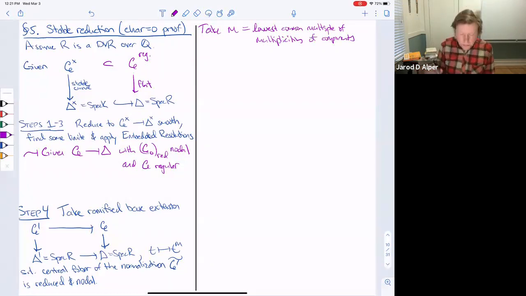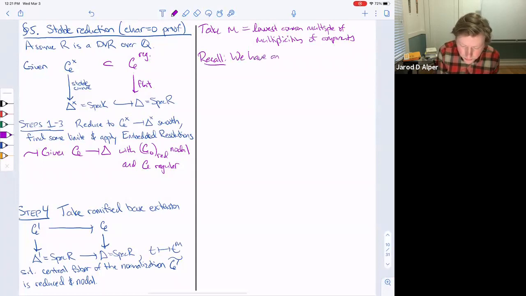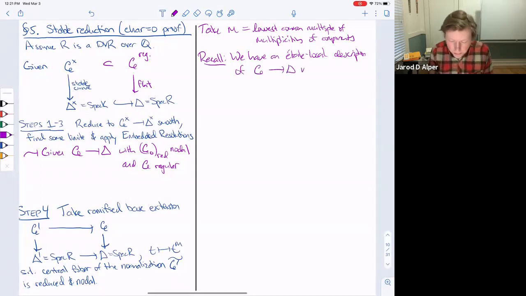Okay, and recall that we have an étale local description of this map near any point in the central fiber. And it depends on 2 cases.